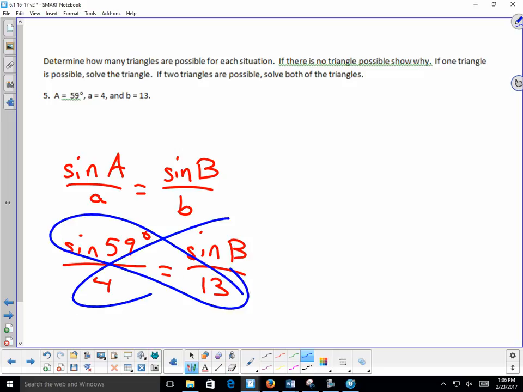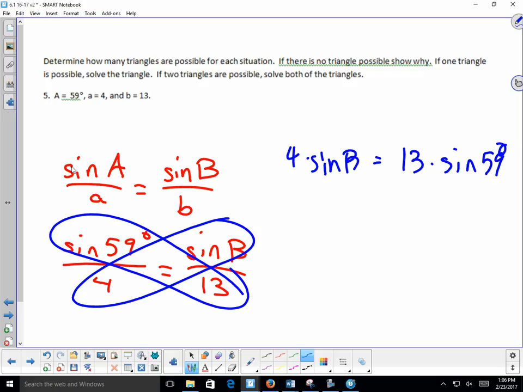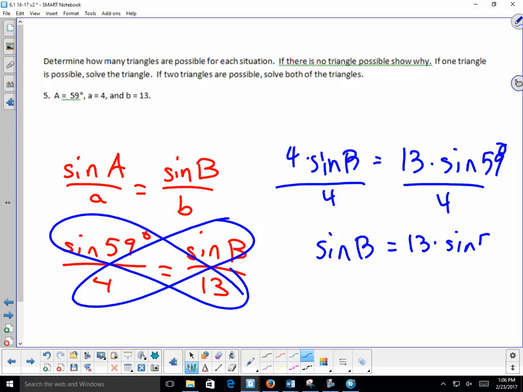I get 4 times sine B equals 13 times sine of 59 degrees. I want to divide both sides by 4. So I get sine of angle B equals 13 times sine of 59 degrees over 4. Grab your calculator, and we're going to do 13 times sine of 59 degrees over 4.